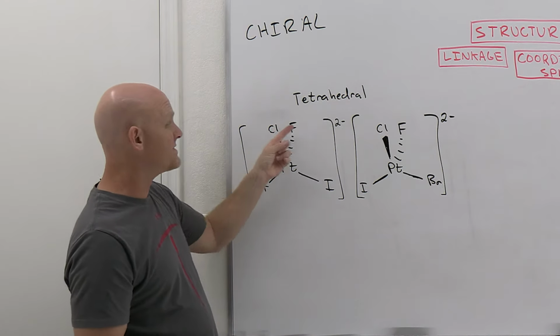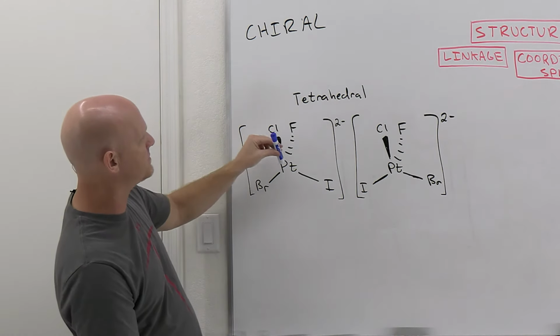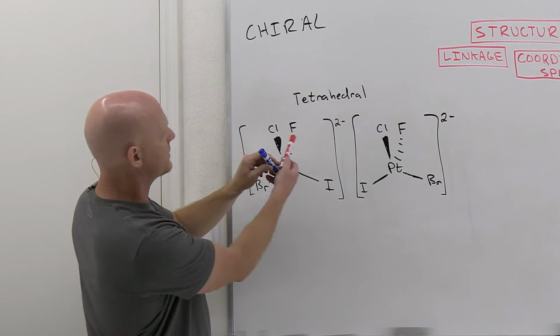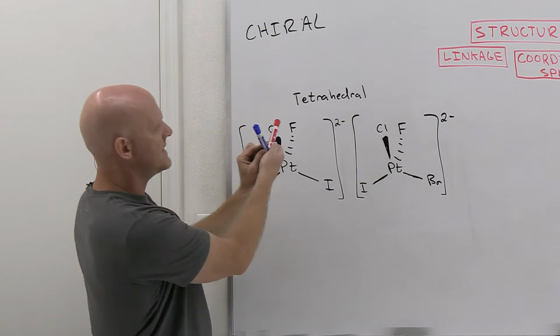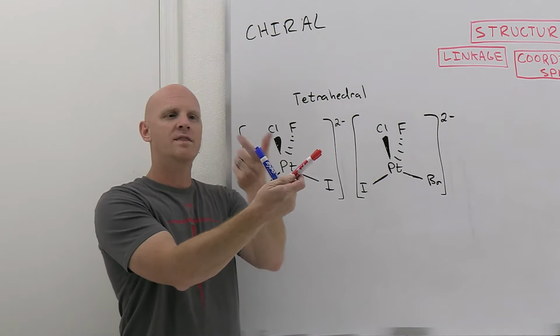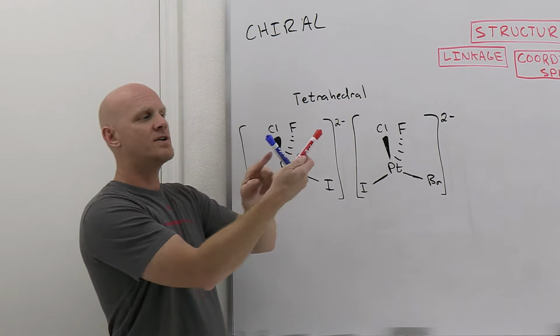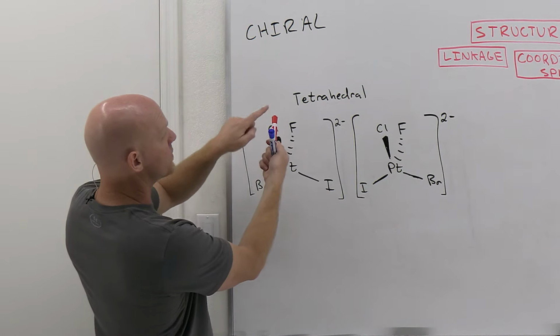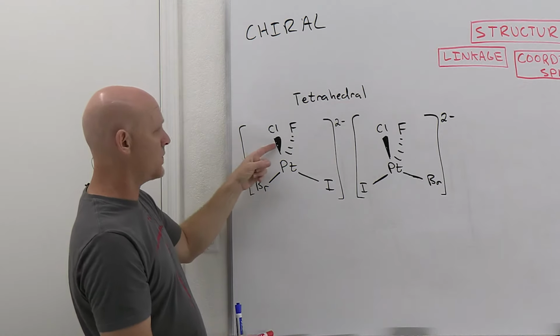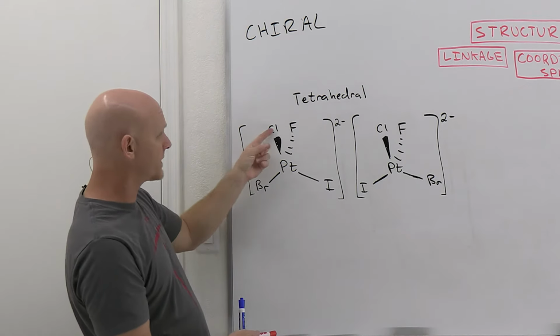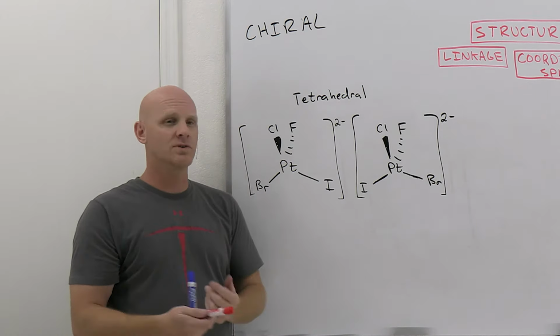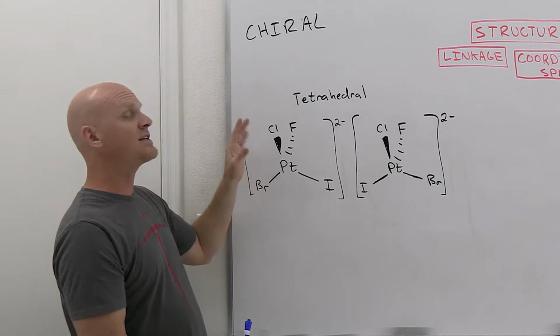It's actually right in front of the fluorine. So the chlorine's coming out of the plane with a wedged bond, the fluorine's going back into the plane with a dashed bond. If you look at it sideways, you've got one in the front, one in the back, and the one in the front is directly in front of the one in the back, but I can't draw it like that. If I put the wedge right on top of the dash and the chlorine right on top of the fluorine, it would just look nonsensical. And so we just offset them a little bit, but that's what it means.